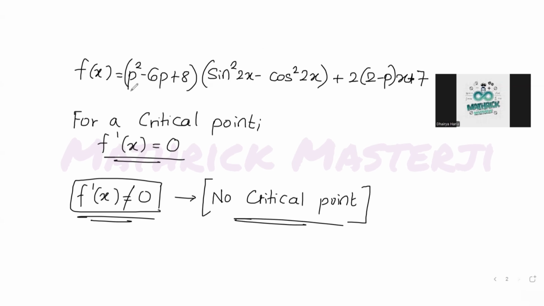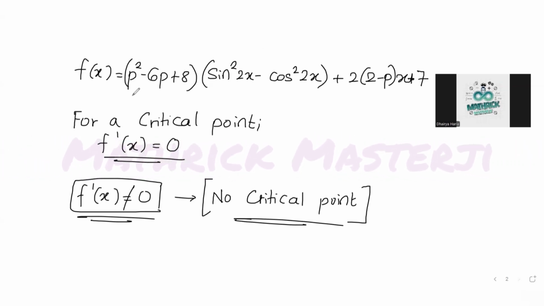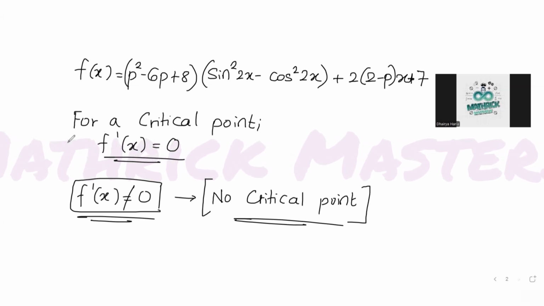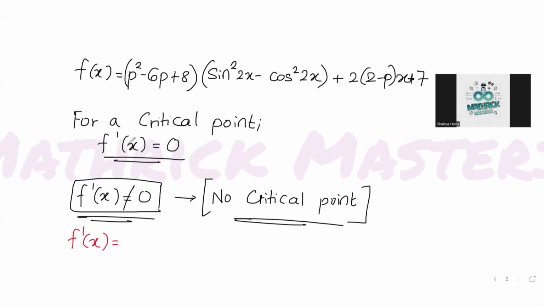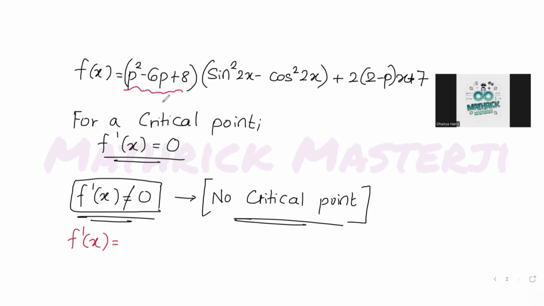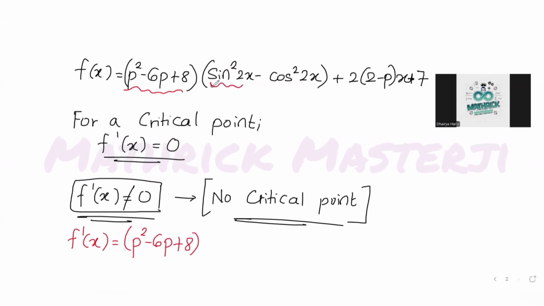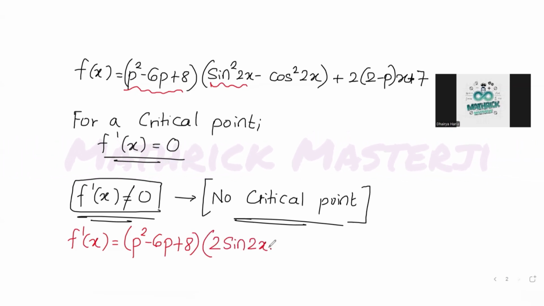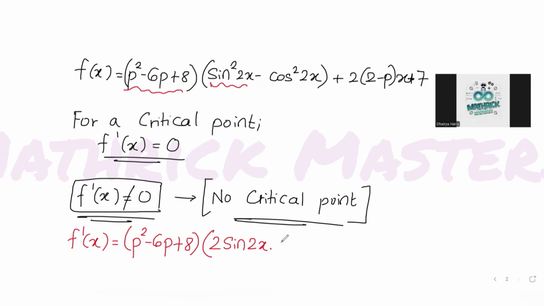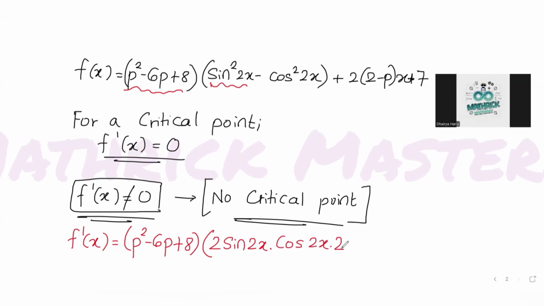So let's try to find the derivative of this function, f dash of x. This is a constant because it's in terms of p, so p squared minus 6p plus 8, I'm writing as it is. The derivative of sine squared 2x is 2 times sine 2x into the derivative of sine 2x, which is cos 2x, into the derivative of 2x, which is 2.